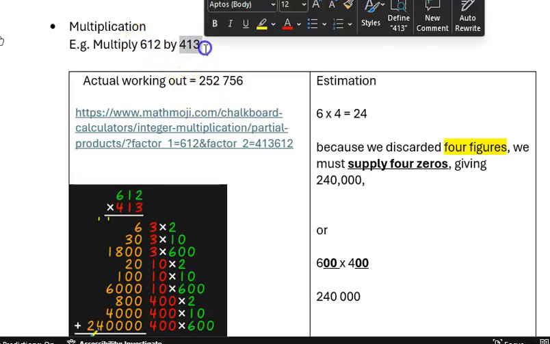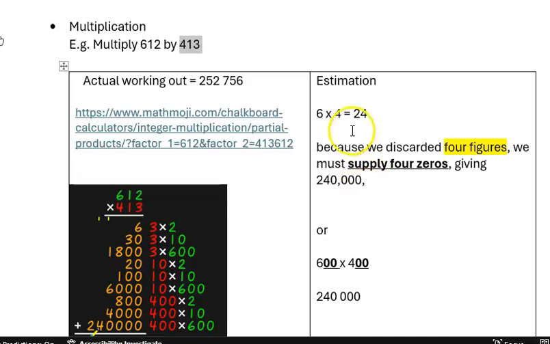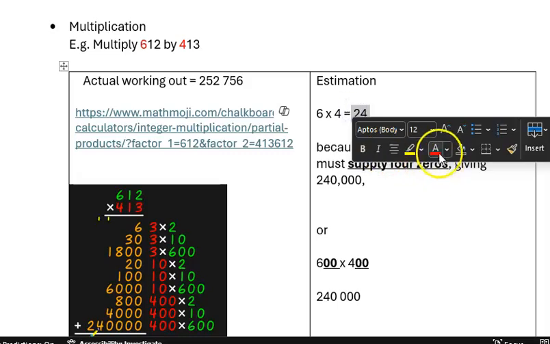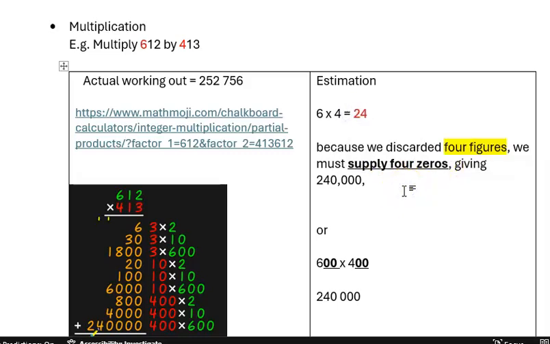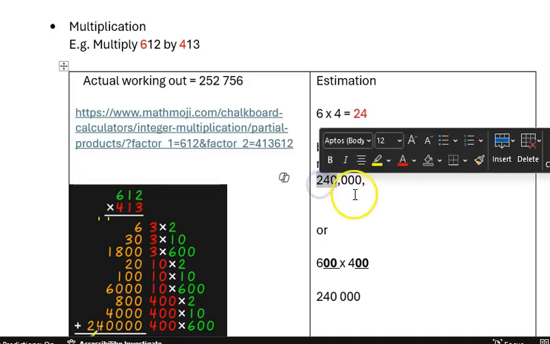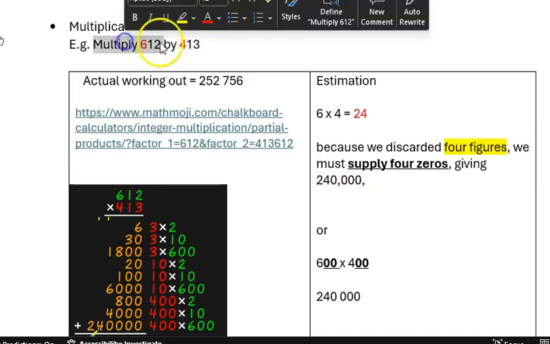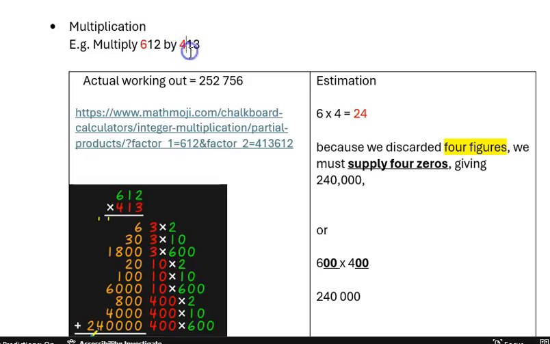So let's look at this. 612 multiplied by 413. You should be able to estimate your answer. So if we take the 6 and the 4, we know that 6 times 4 is 24. So we know confidently the answer will be close to 240,000, because you're dealing with three zeros in terms of the thousands.